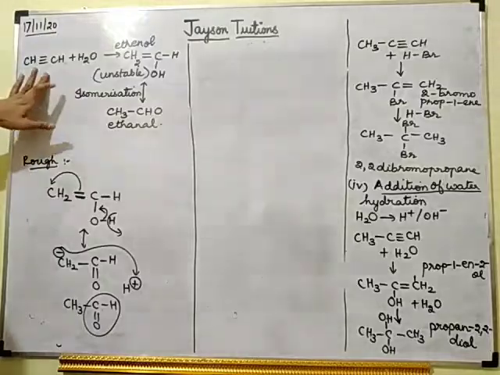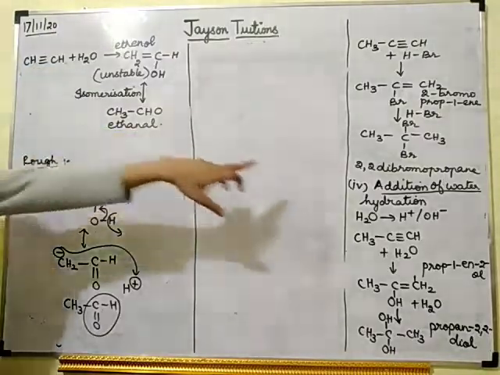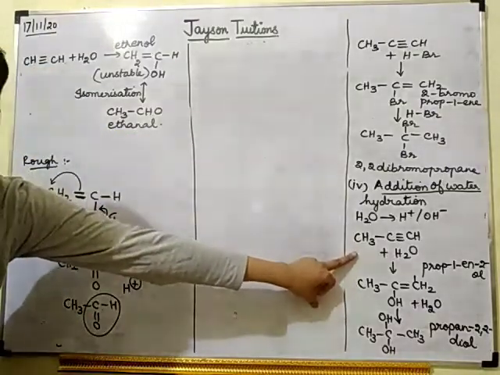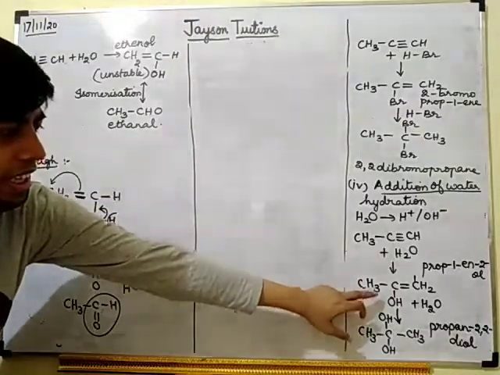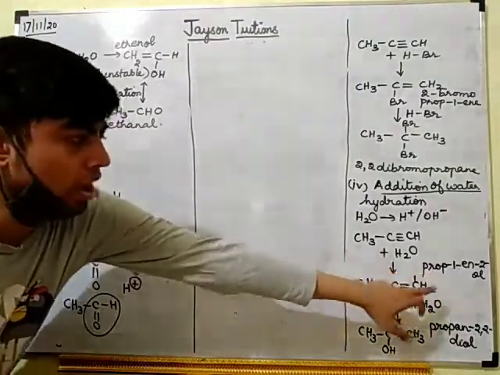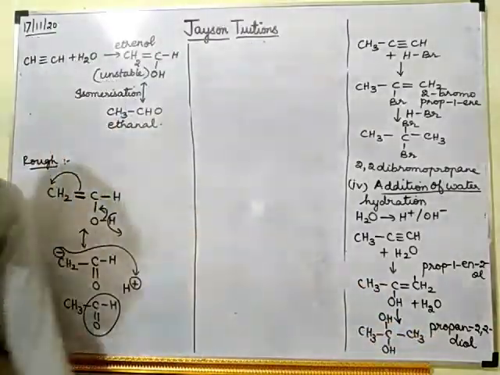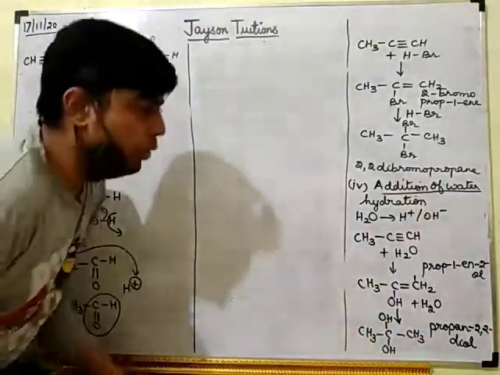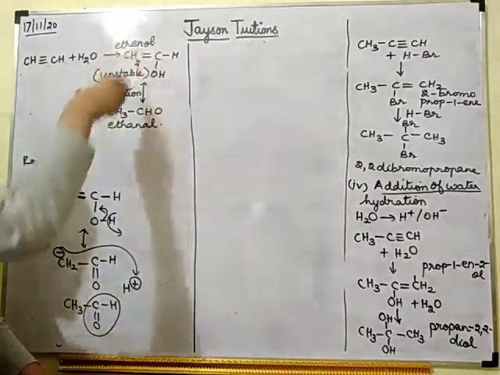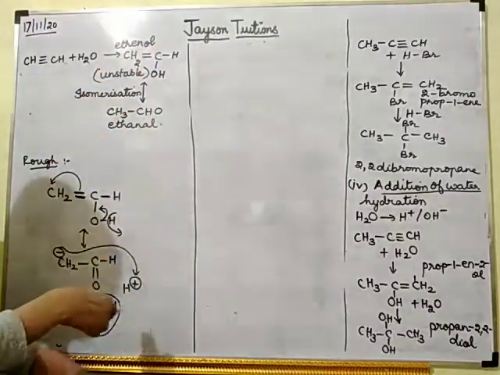So here for ethyne we got ethenol. Here we did it for propyne. Correct? For propyne what are we getting? Propenol, yes or no? Propenol and propane 2,2-diol. So this ethenol is undergoing isomerization.